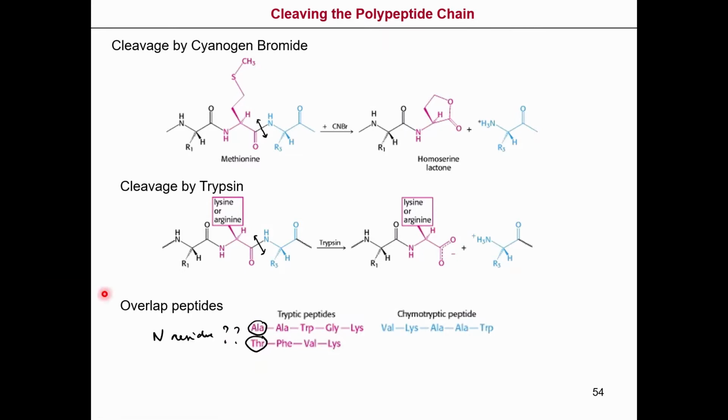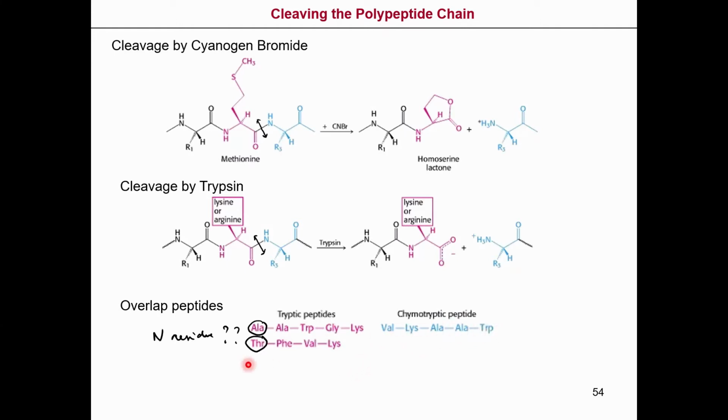Chymotrypsin will cleave the peptide bond on the C side of aromatic residues like tryptophan. With this technique, we obtain only one peptide: valine, lysine, alanine, tryptophan.